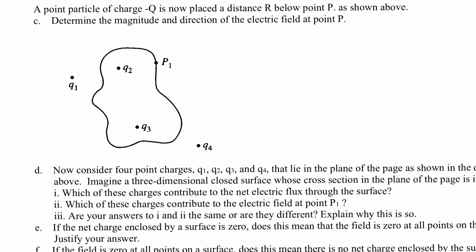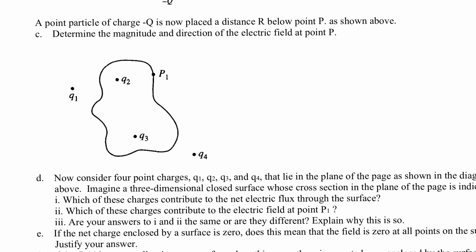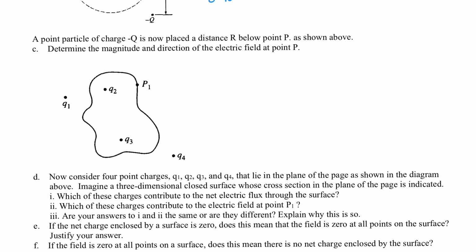All right, now I've got this weird shape. Now consider 4 point charges, Q1, 2, 3, and 4, that lie in the plane of the page as shown in the diagram. Imagine a three-dimensional closed surface whose cross-section in the plane of the page is indicated.